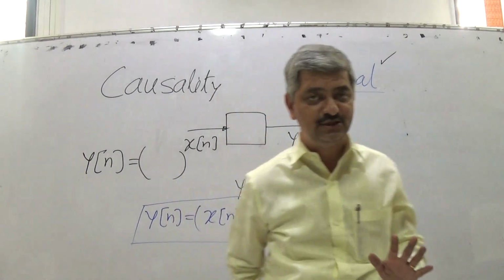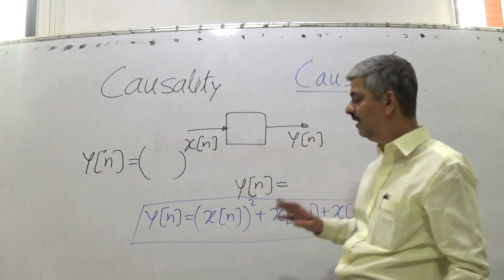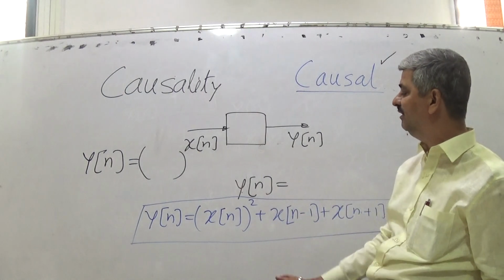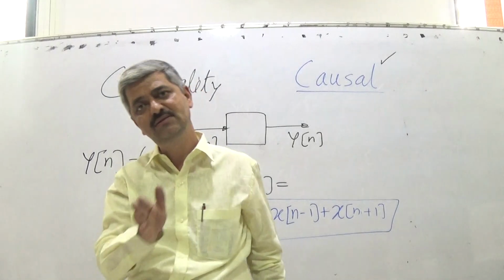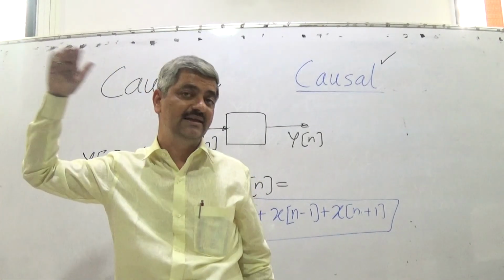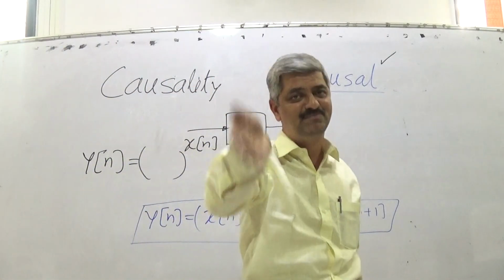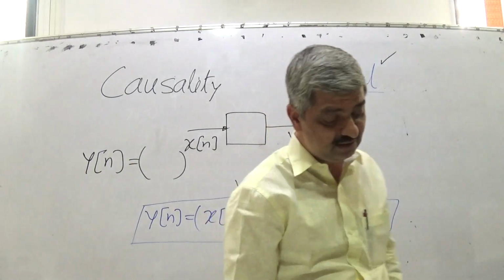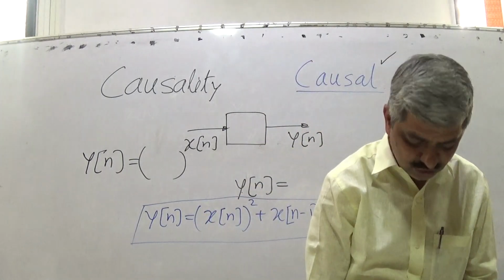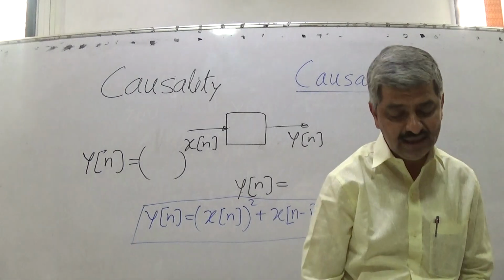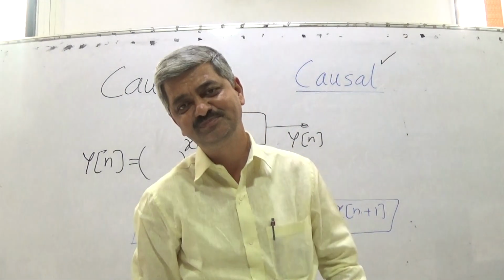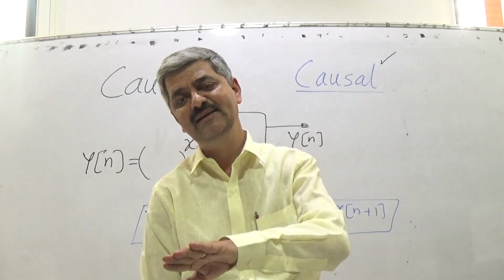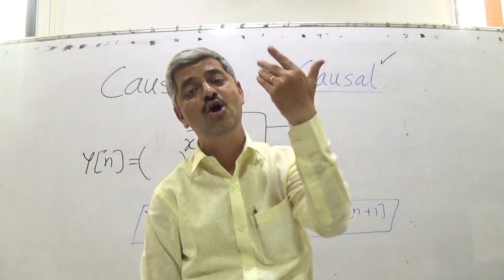So what is the causality check? y[n] should depend only on x[n] and x[n-k] for positive k. It can't depend on x[n+1], x[n+2]. If it depends on current and previous inputs only, it is called a causal system. If it depends on current, previous and also future inputs, it is non-causal.